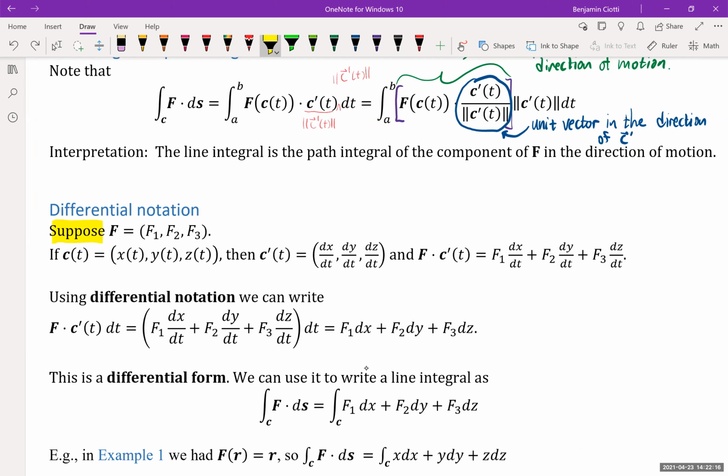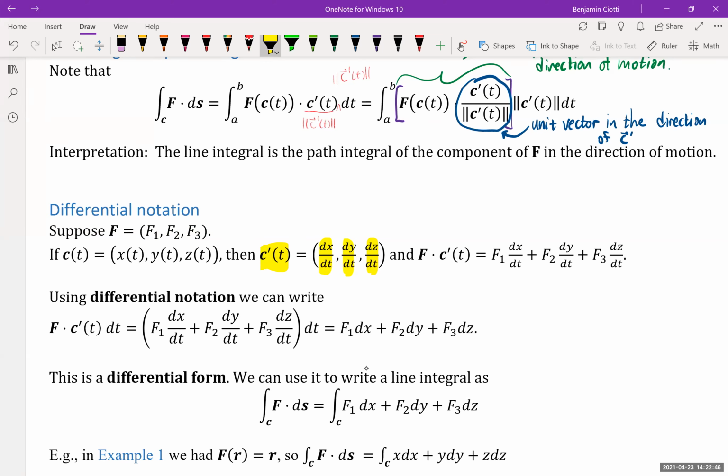Let's suppose that our vector field F has components F1, F2, and F3. And let's suppose that our path C has components x of t, y of t, and z of t. Well, then it's possible to write the velocity vector as dx/dt, dy/dt, dz/dt.